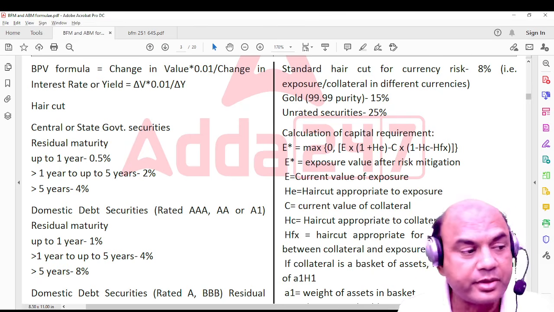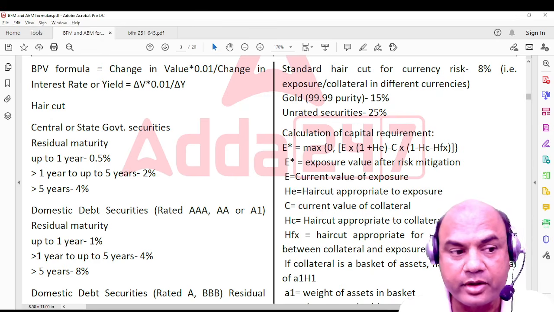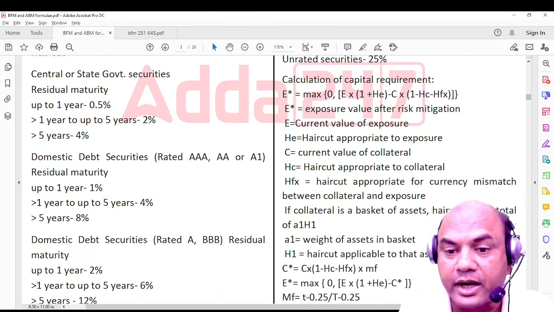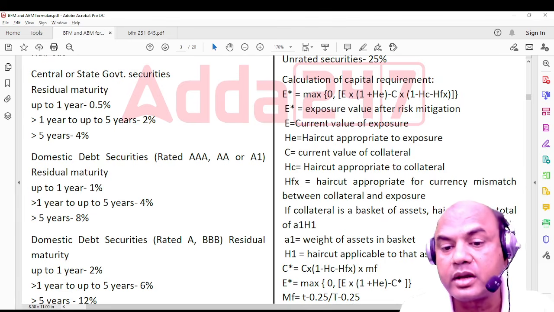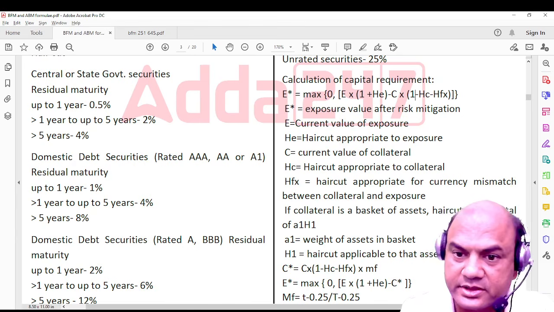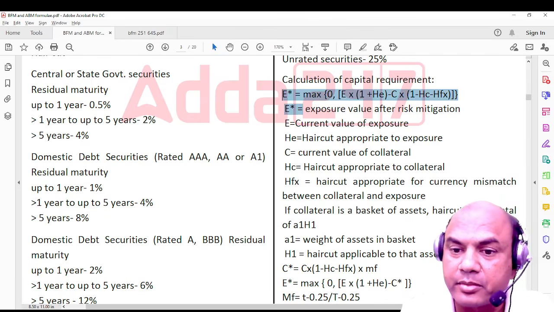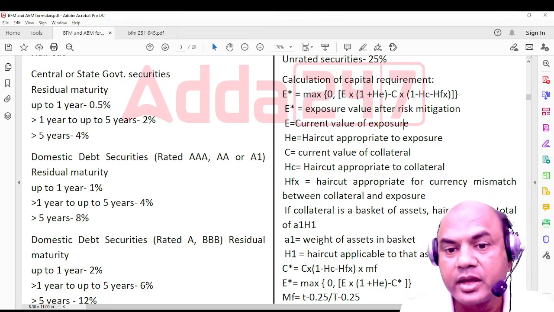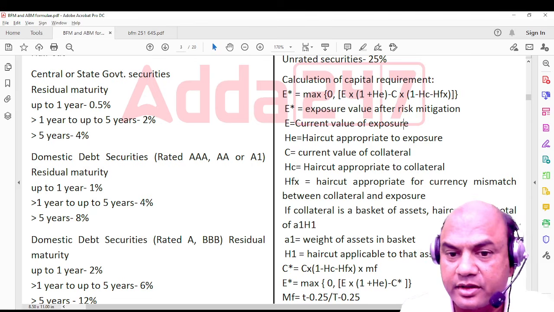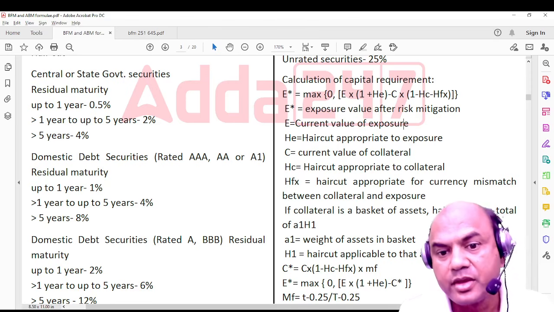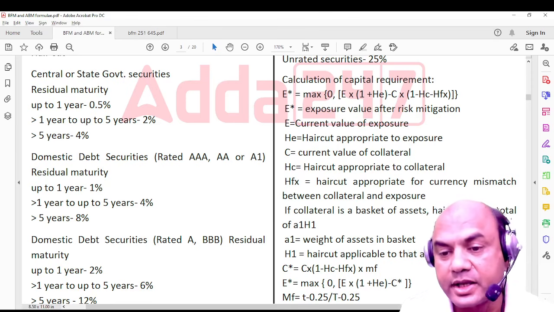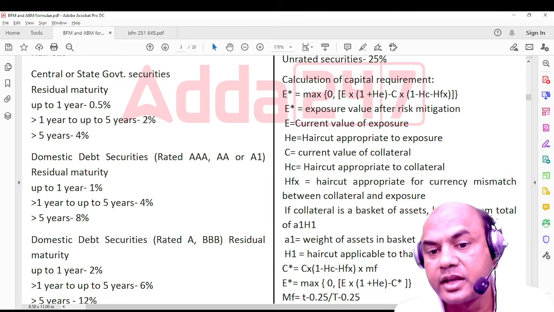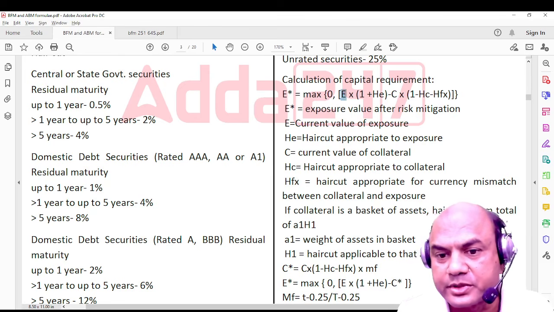Calculation of capital. See this formula. How to calculate a capital requirement? It is maximum of either 0 or E into (1 plus HE) minus C into (1 minus HC minus HFX). This formula you will have to remember by heart. E is known as the adjusted exposure, max of 0 or this. So E is exposure after mitigation, means adjusted. E normally is the current exposure.